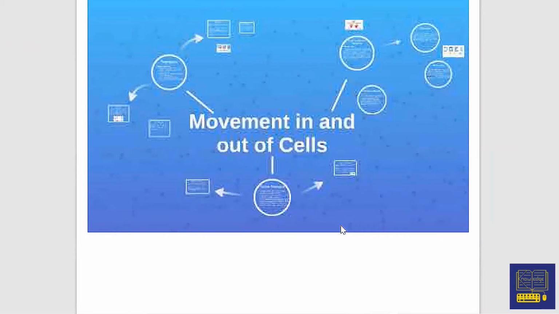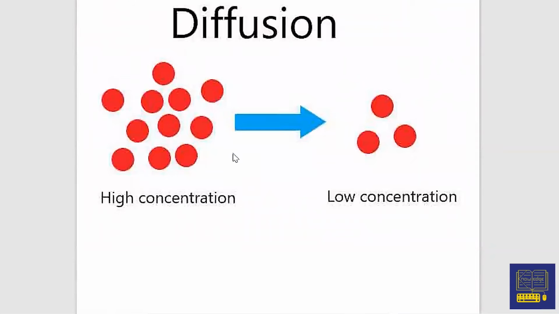There are two kinds of movements that happen in and out of a cell, which are diffusion and osmosis. Let's talk about diffusion. Diffusion is a physical process in which substances or molecules move from a region of higher concentration to a region of lower concentration.